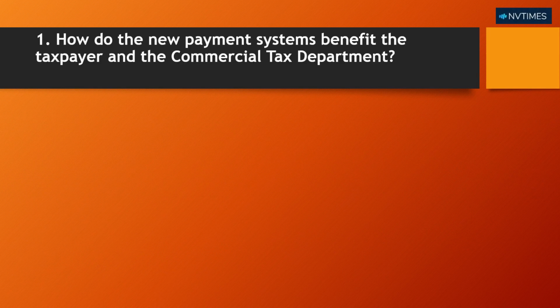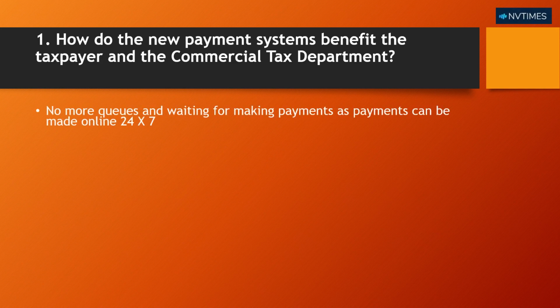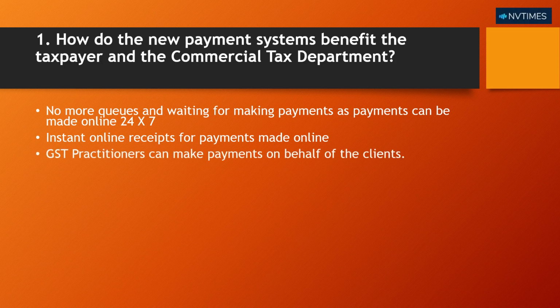How does the new payment system benefit the taxpayer and the commercial tax department? No more queues and waiting for making payments, as payments can be made online 24/7. Instant online receipts for payments made online. GST practitioners can make payments on behalf of the clients.